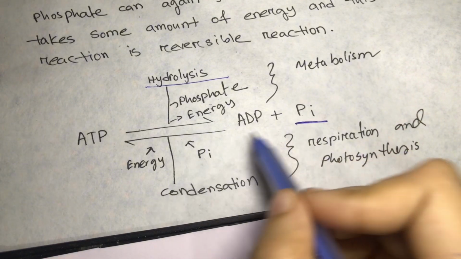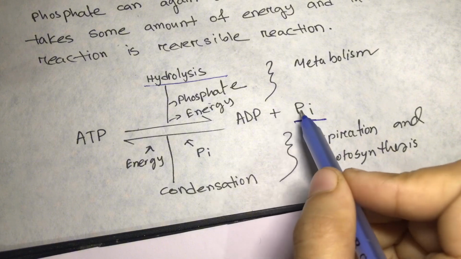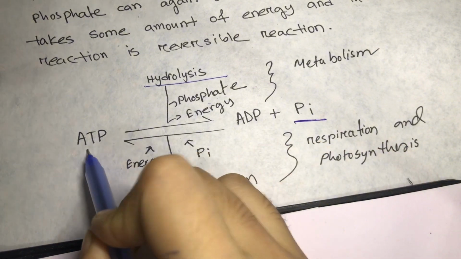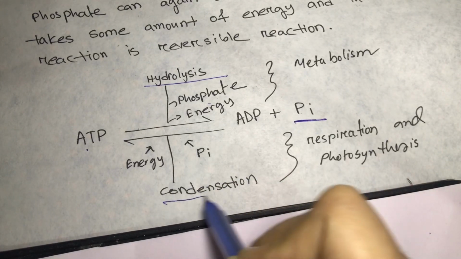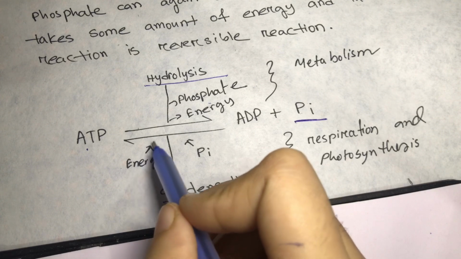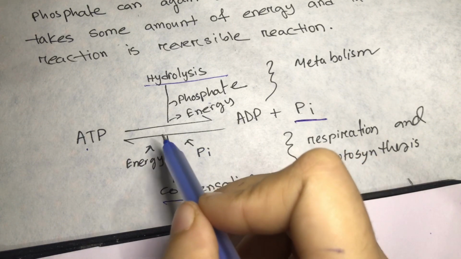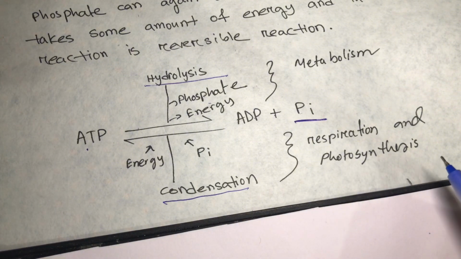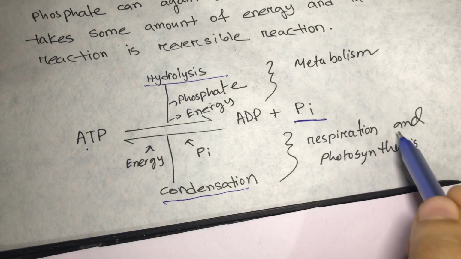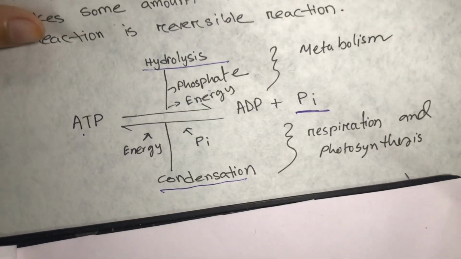Likewise, ADP plus Pi can combine, get condensed to form ATP, and this reaction is known as a condensation reaction, where energy is used up and one phosphate molecule is also used up. This reaction we also know as respiration and photosynthesis, where ATP is formed.